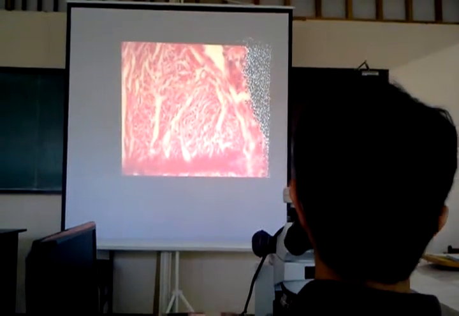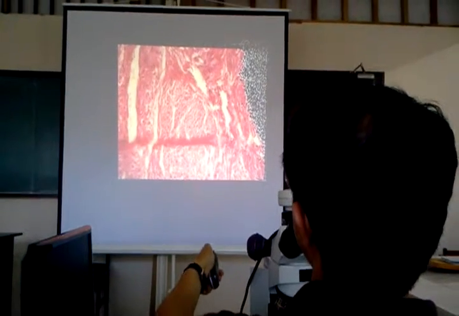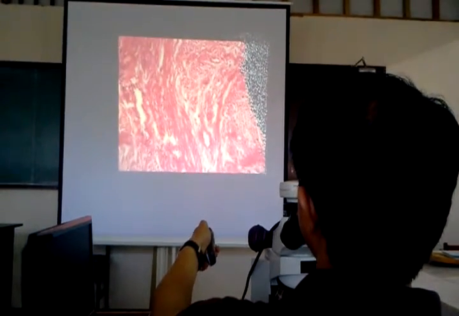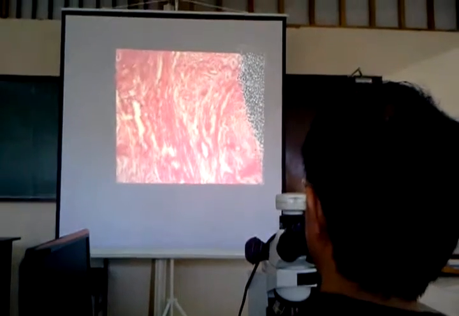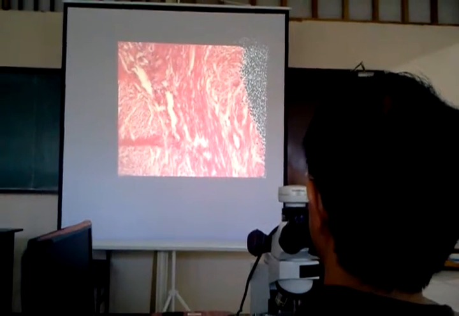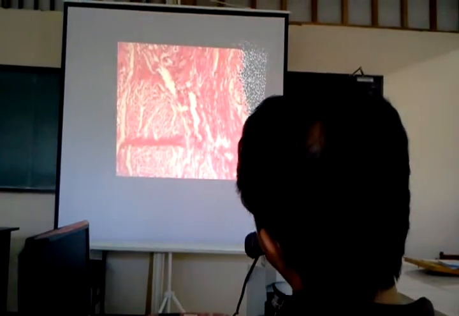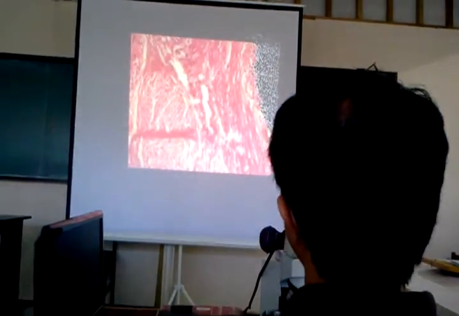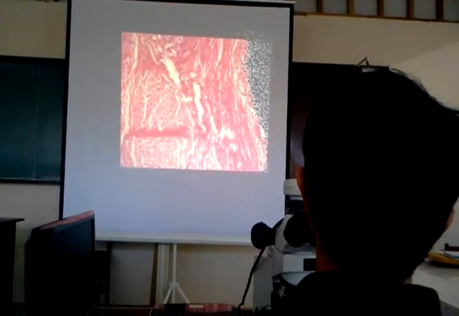Now, those are cross-sectionally cut smooth muscle fibers, and those are longitudinally oriented smooth muscle fibers. So, for you to have an idea of the appearance of the orientation of the muscle fibers, cross-sectional and then longitudinal.